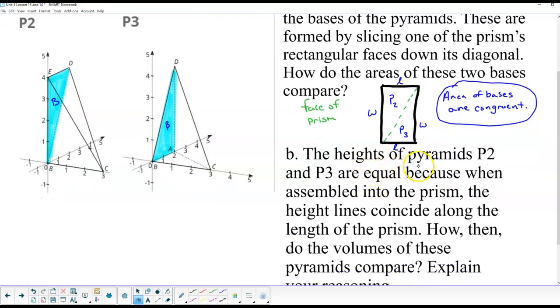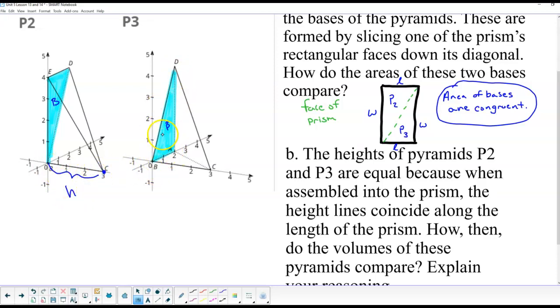Part B said the heights of the pyramids, P2 and P3, are equal because when the prism is assembled, the height along the lines coincides with the length of the prism. So they're referring to this distance right here. And if the shape in P2 that I'm looking at is the triangular pyramid with this as the base, then the apex is point C, so the height would have to be the same.